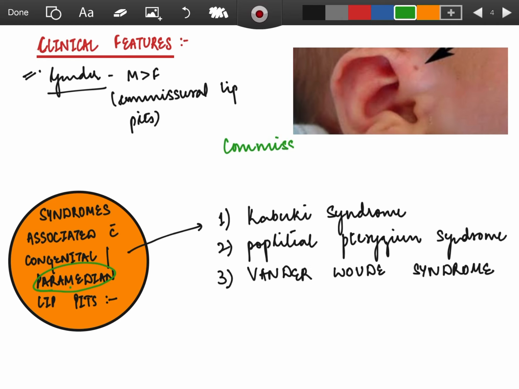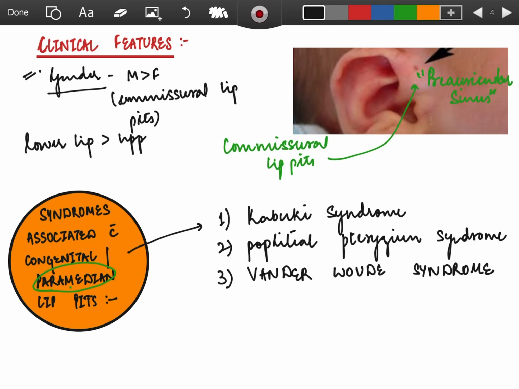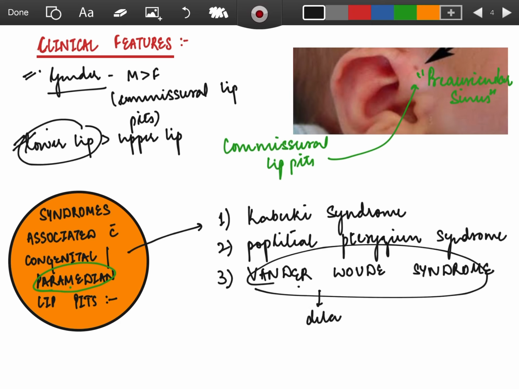The paramedian lip pits and the commissural lip pits are associated with the preauricular sinus. Now we know that lip pits are most commonly present on the lower lip. And van der Woude syndrome, we will discuss it in detail.